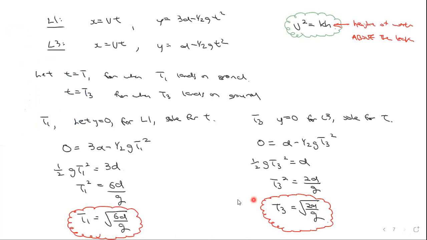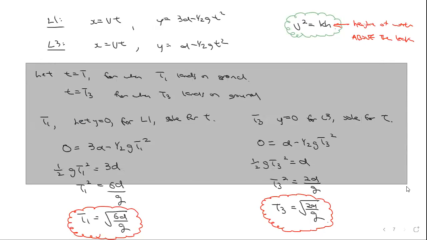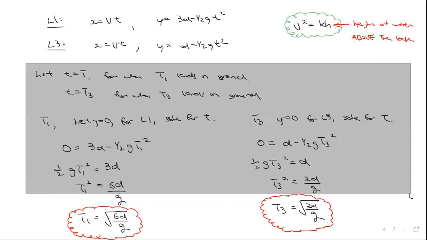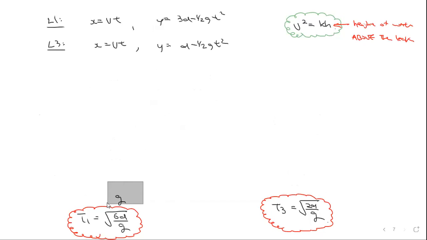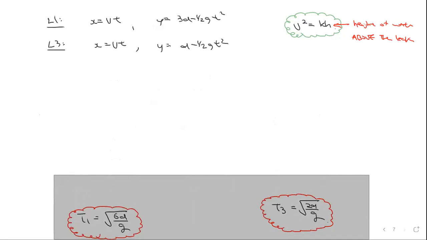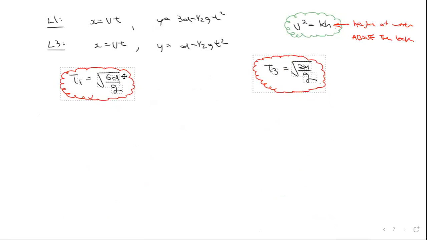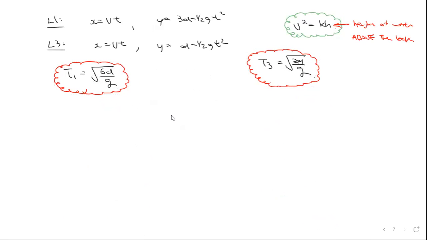So let's now keep our results and get rid of this part. Okay, so we've got that. Now we've got leak 1. We know that h here is d. For leak 3, we know that h here is 3d.